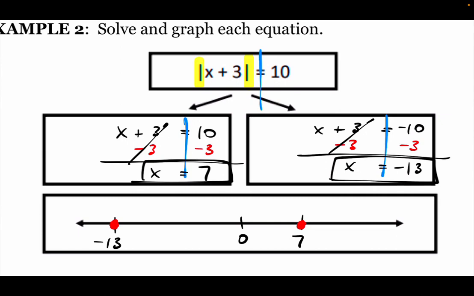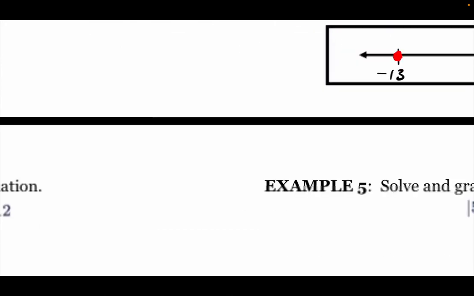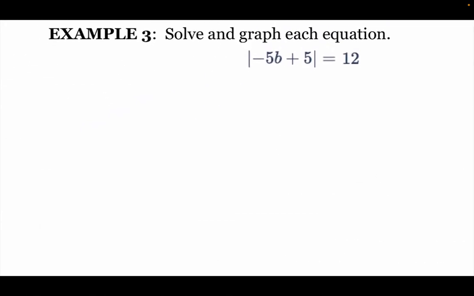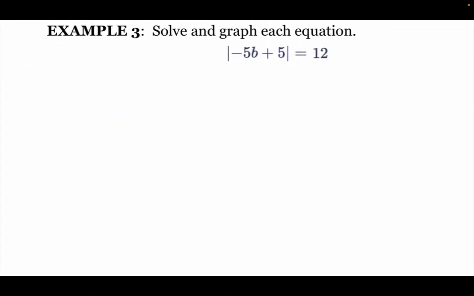All right, now let's go to this one. It says solve. So I'm going to draw my blue line. And I've got the bars right here and right there. Everything is inside the bars on the left side, right? There's nothing outside the bars.